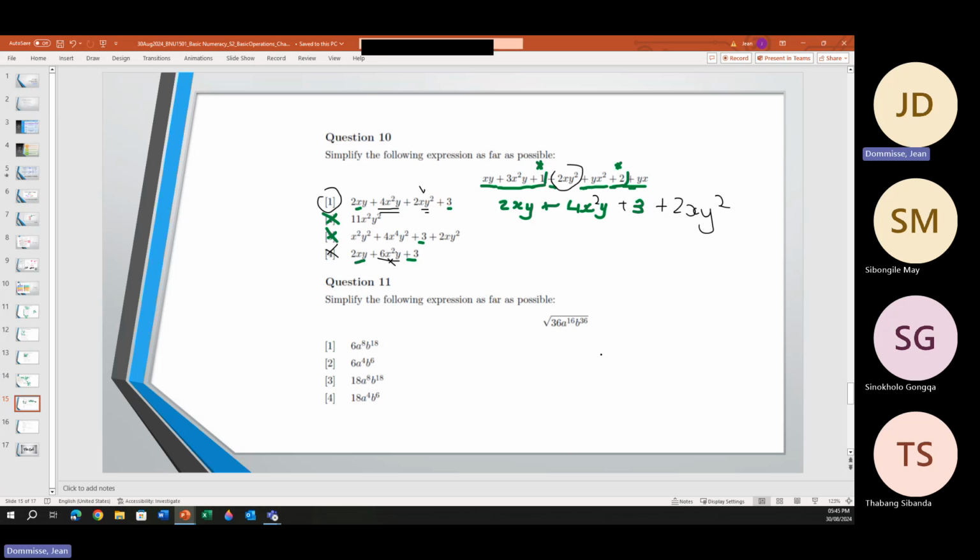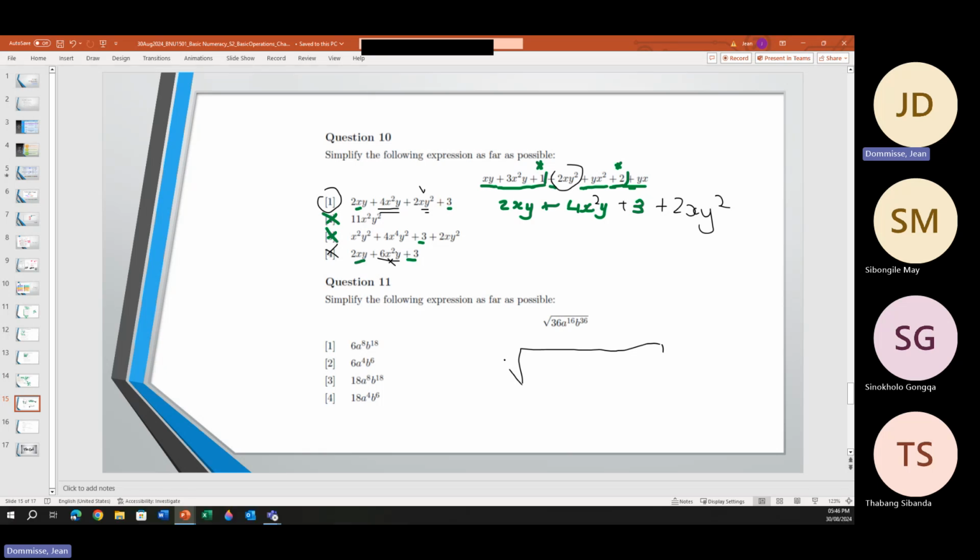Okay, so I want to do the same with question 11. In question 11, the only difference now is we're not adding, it's all multiplication, and then there is a square root in it. So let's do it like we did in that previous example of a few slides ago.